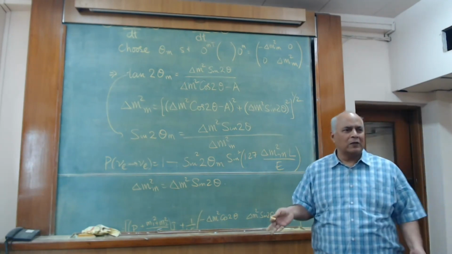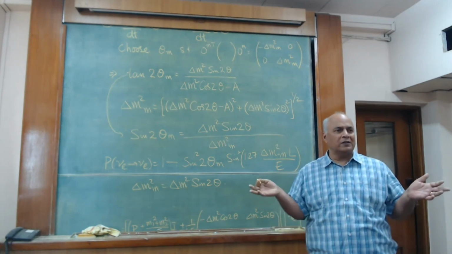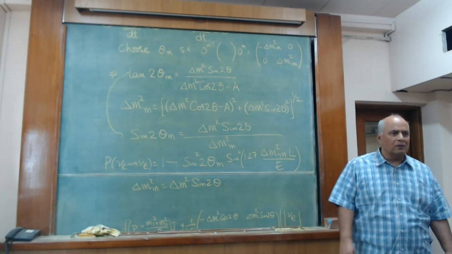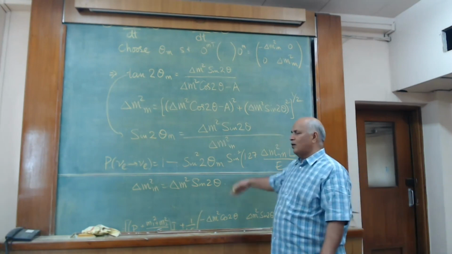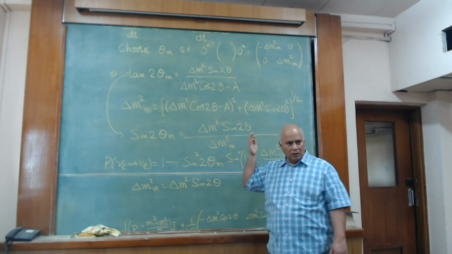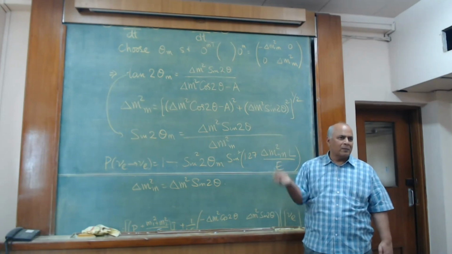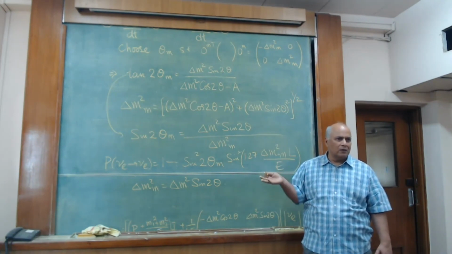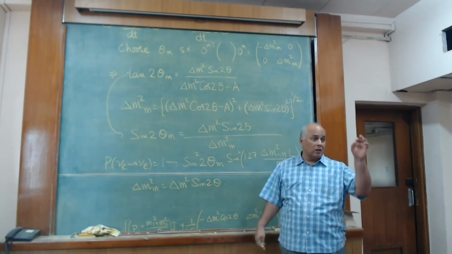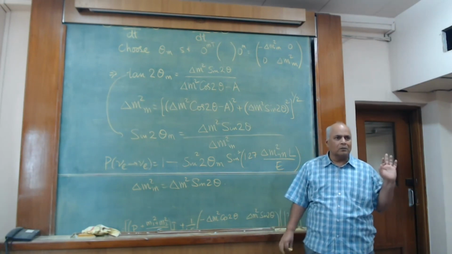And within two flavor vacuum oscillations, it was impossible to get a suppression fraction of 1/3. What Mikheyev and Smirnov showed in 1985 is that in two flavor oscillations, it is possible to get a suppression fraction of 1/3 through such a mechanism, even if the original theta is very small, even if it is some 3 or 4 degrees.